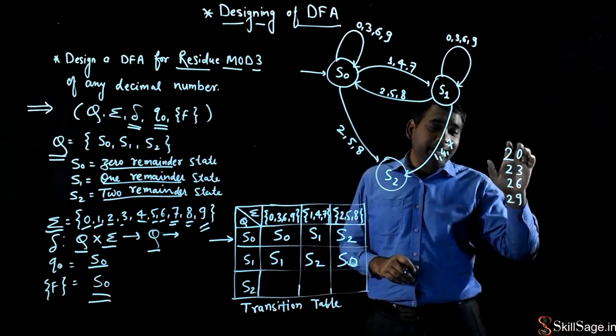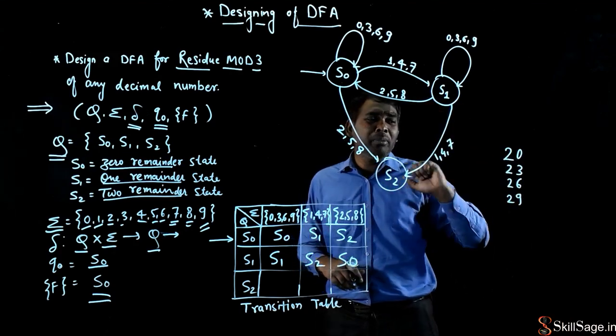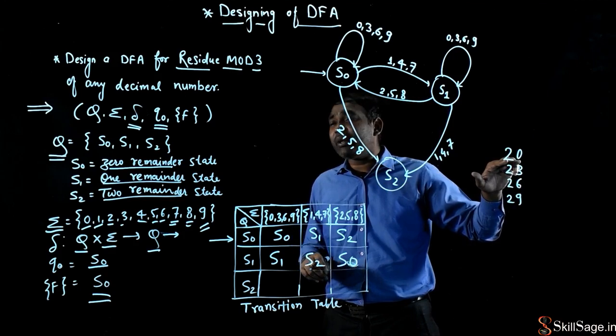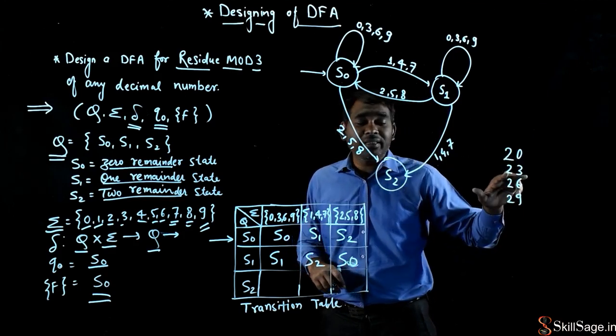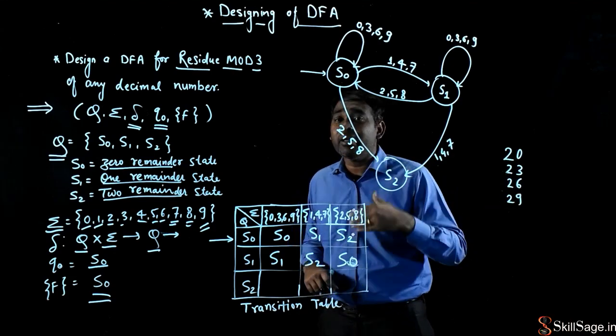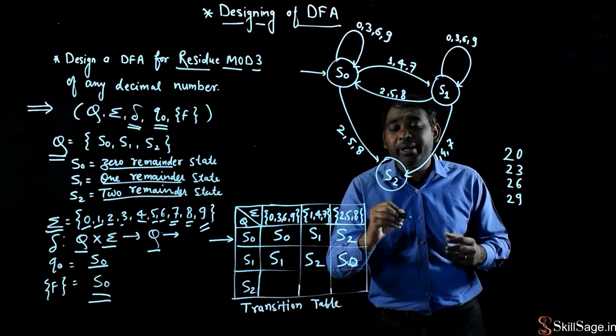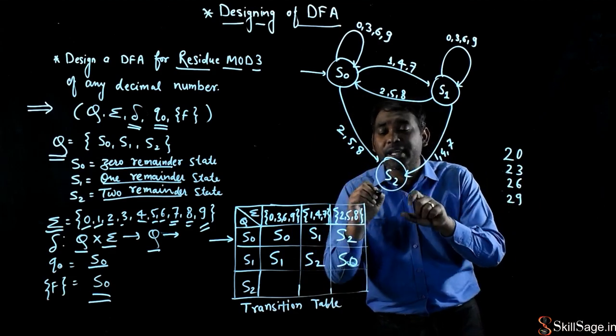So if I divide any one of these numbers by 3, what will happen? What will be the remainder? If I divide 20 by 3, remainder is 2. 23 by 3, remainder is 2. 26 by 3, remainder is 2. 29 by 3, remainder is 2. So what is my next state? Next state is the 2 remainder state. So my current state is S2.